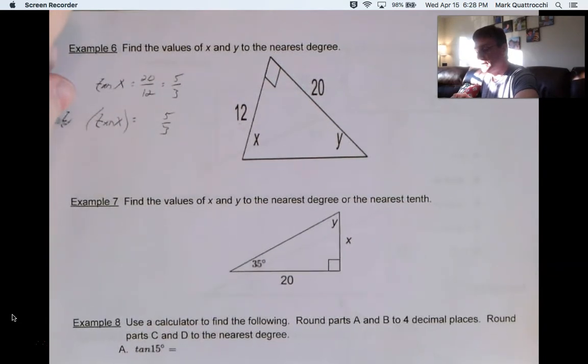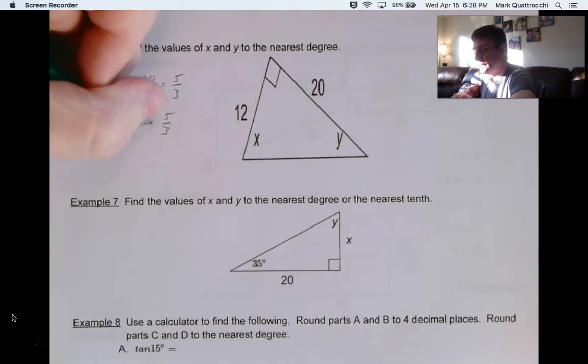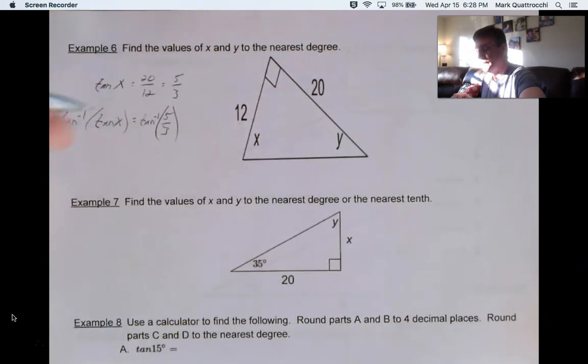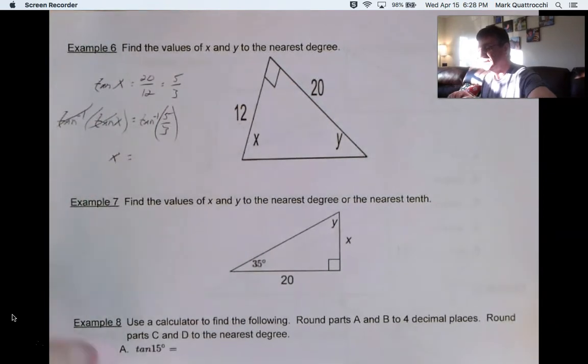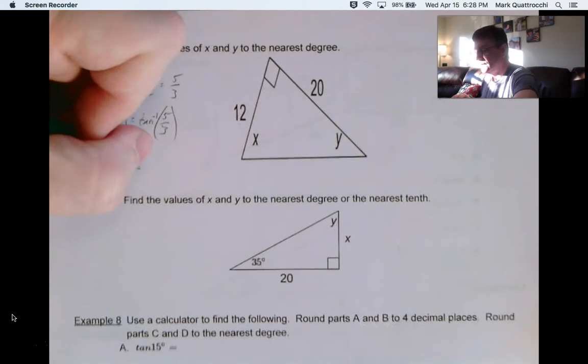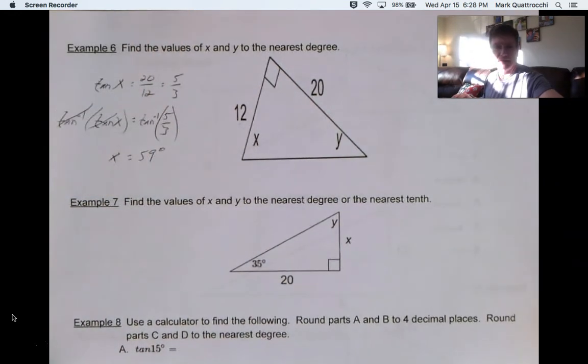Inverse tangent of both sides. Cancel, cancel. x equals inverse tangent of 5/3 is 59 degrees, rounded to the nearest degree.